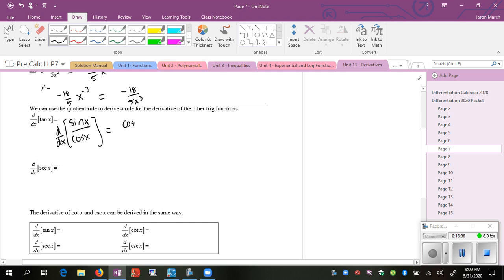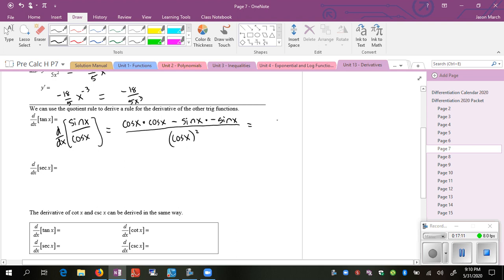Low is cosine of x times d high, which is another cosine of x, minus high times d low, the derivative of the bottom, which is a negative sine x, all over low squared, which I could write like this, or I could put the squared on the trig function.